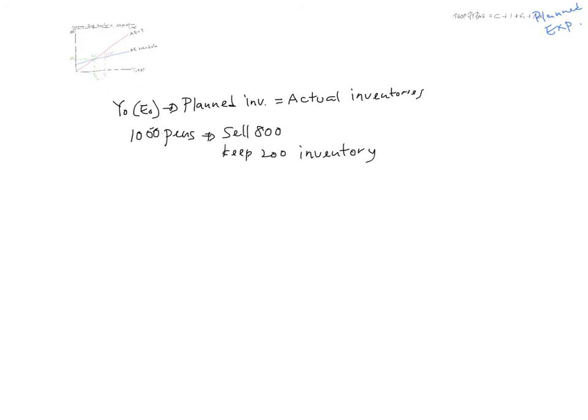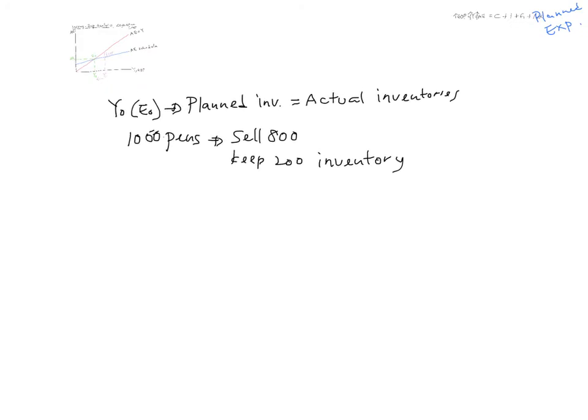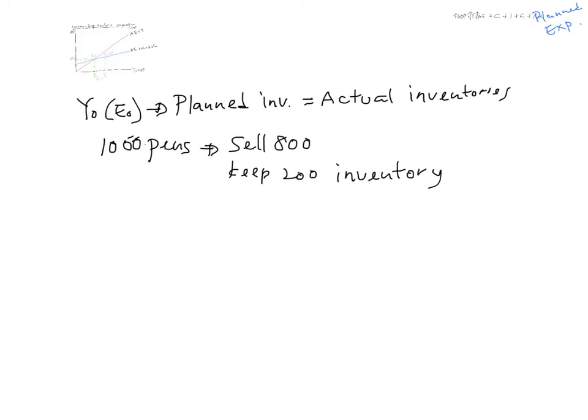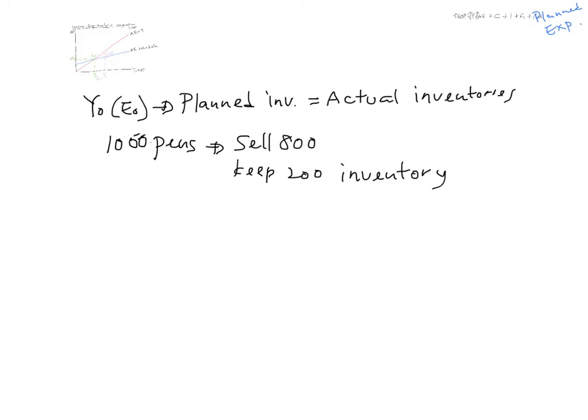So I'll bring this back. So this was the situation at Y0. What is the situation at Y1? At Y1, we are in disequilibrium. At Y1, actual spending is less than expected.